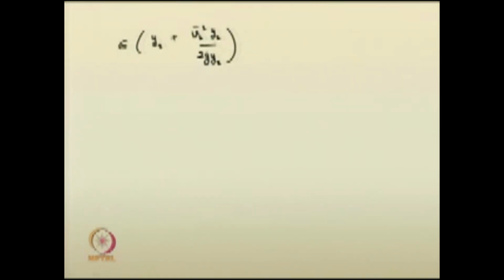Why did I write it like this? In the next step I can take y 2 out of these brackets, that is the reason. And you know v 2 squared by 2 g is nothing but your fluid number quantity, right. So, that way we can reduce the equation further.